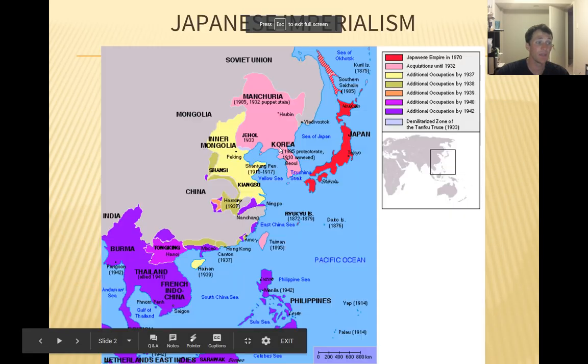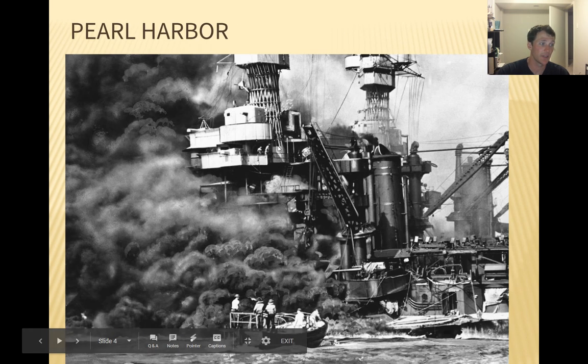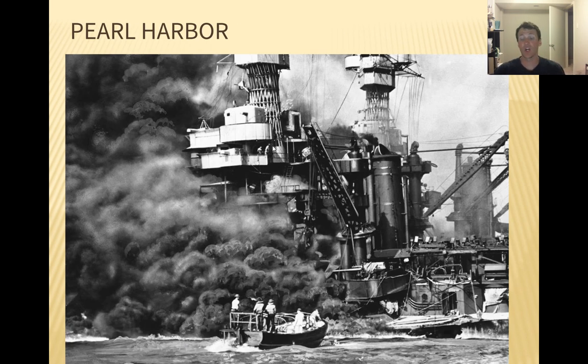So we know about Japanese imperialism in China, right? Talk about the Nanking Massacre. While all this is going on, we know also that you're going to have Pearl Harbor happen, right? And that's largely because the Americans cut off Japan from a lot of the resources that they needed to fund their industrial war machine in China.